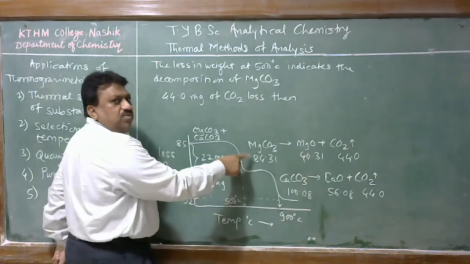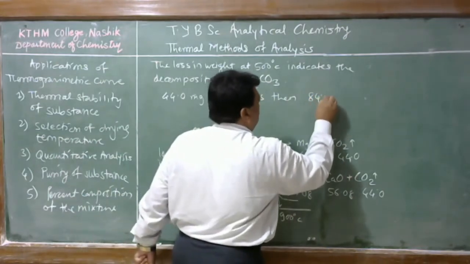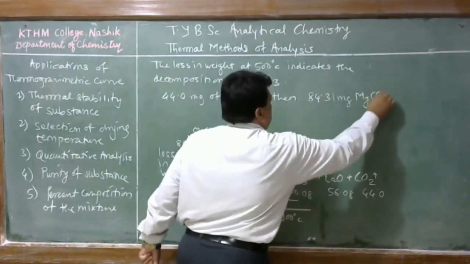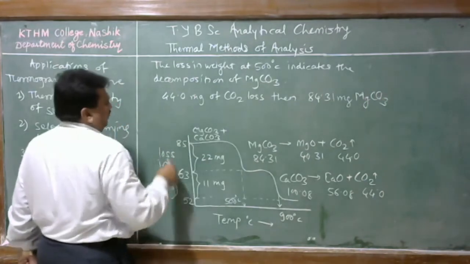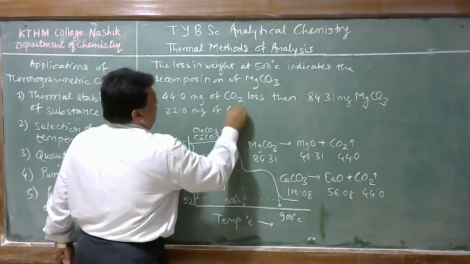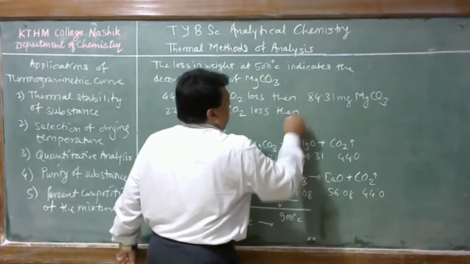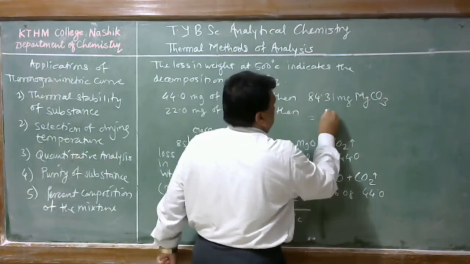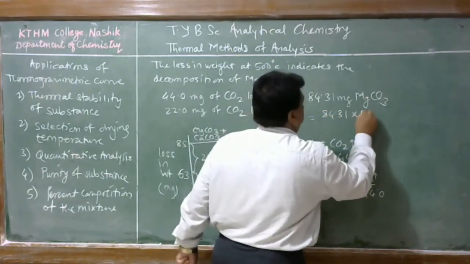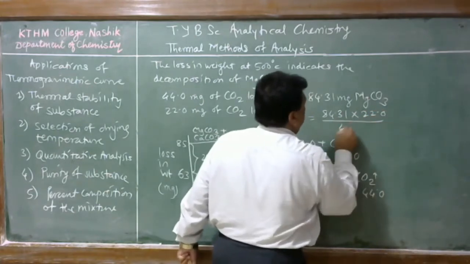Based on this reaction, when 44.0 milligram of CO2 is lost, the amount of magnesium carbonate is 84.31 milligram of MgCO3. Therefore, when the loss is 22 milligram, the amount of magnesium carbonate is equal to 84.31 into 22 divided by 44.